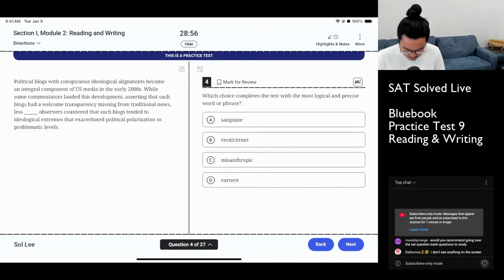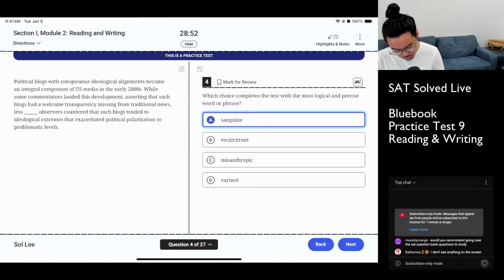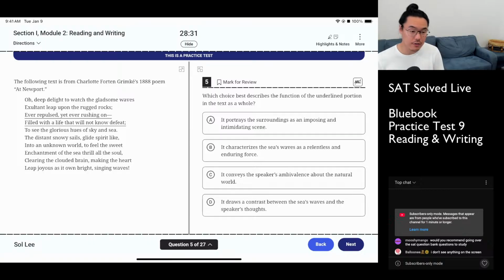Less warm, less sanguine. Wow, that's the only one that works, but hard words, dude. I predicted this when I first solved Blue Book's practice tests 1, 2, 3, 4, when there were only 4 practice tests, 2 years ago. I knew that they were going to have to do more hard vocabulary, and now harder and harder vocabulary is coming out. So the importance of vocabulary is going up.